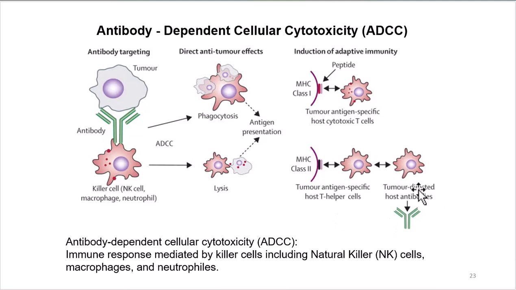This would be like an autoimmune reaction being triggered. So this ADCC mechanism basically can implicate both types of T cells. But when we normally think of the type 2 reaction, it's going to be more implicating the cytotoxic T cells.